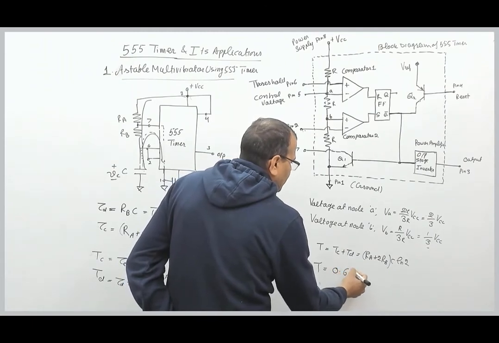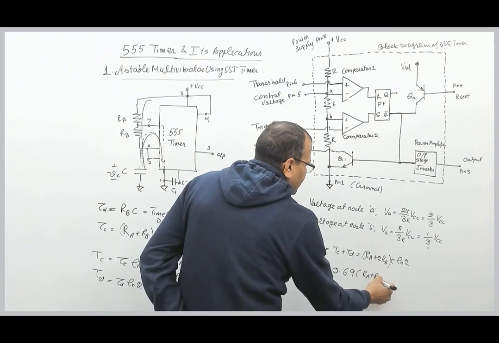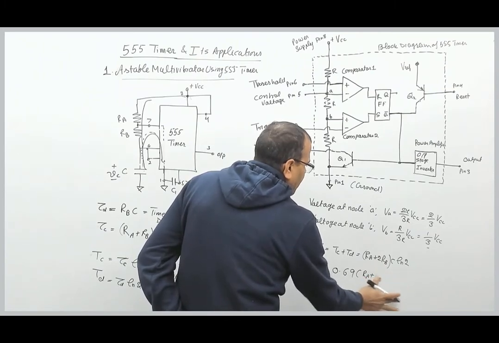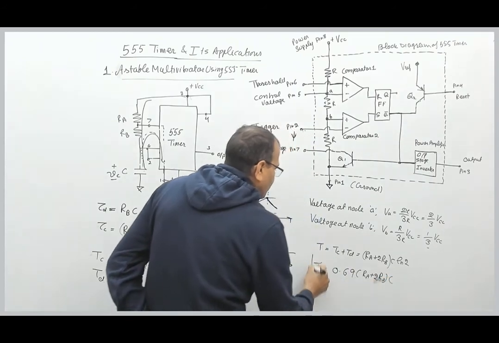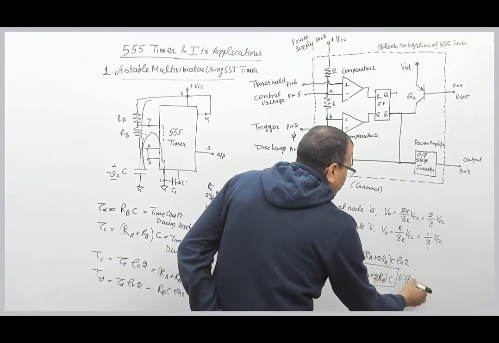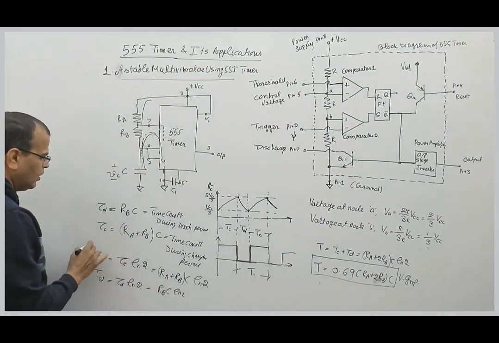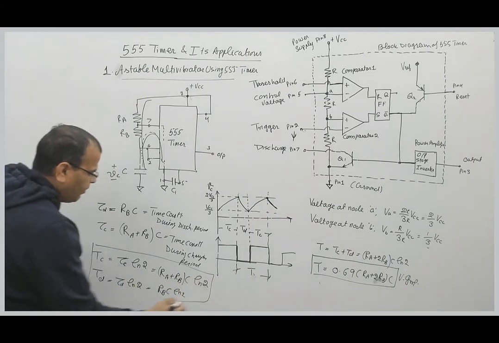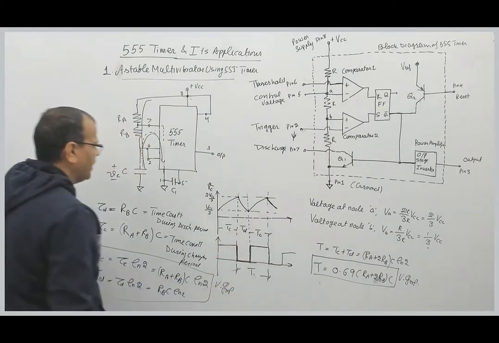So T is 0.69 (RA plus twice RB) into C. This is very important, try to remember it, because you have many objective type questions based on this in exams. You should remember these formulas directly.